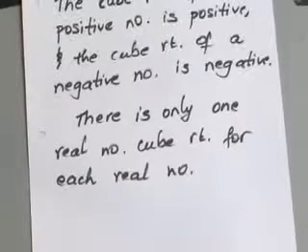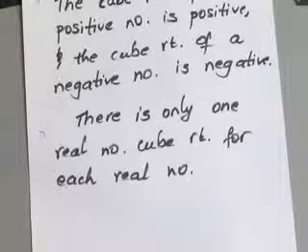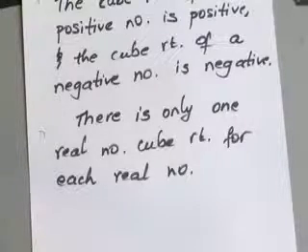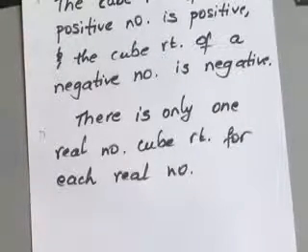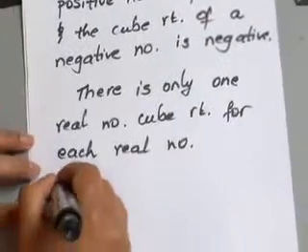The other thing you can try and keep in mind when you're working with higher roots: just like with square root, we said that you could not have a negative number inside the square root. This is true for all even numbered roots. So for square roots, fourth roots, sixth roots, eighth roots, 10th roots, whatever you talk about, if it's an even index, you will not have a negative number inside your radicand.